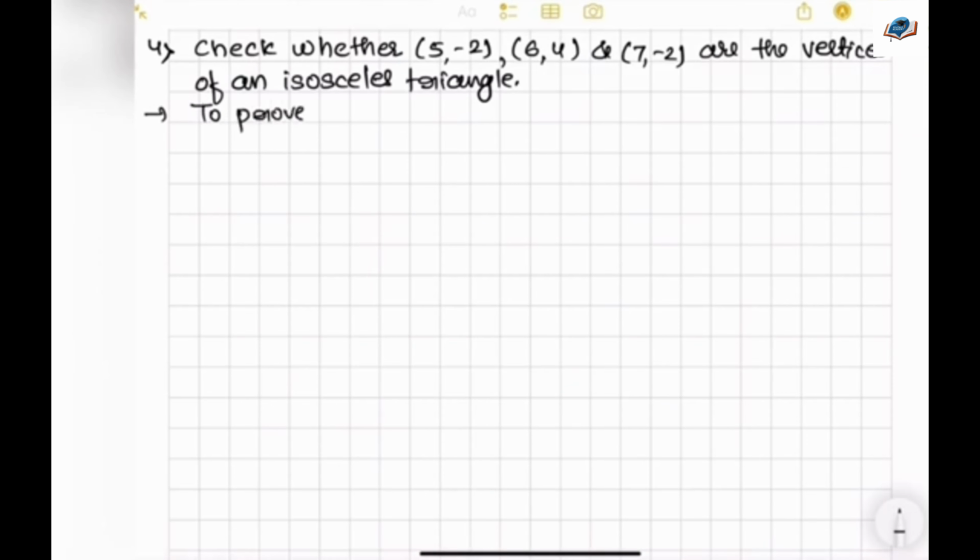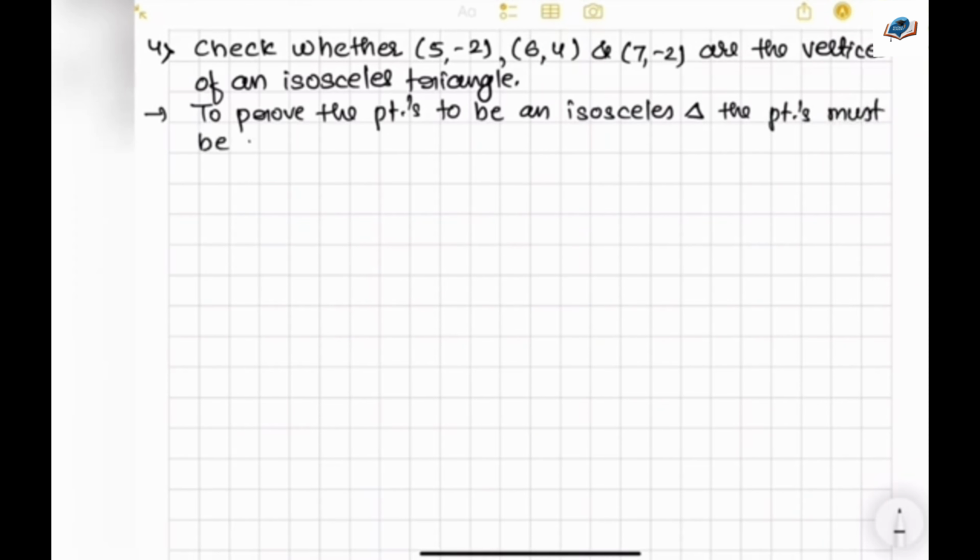So to prove the points to be an isosceles triangle, the points must be non-collinear and any two sides must be equal.